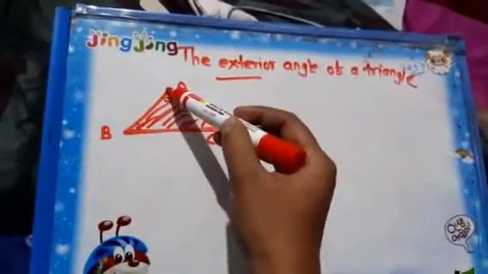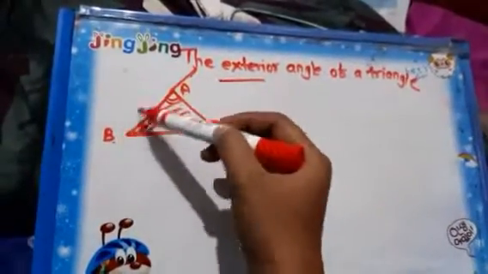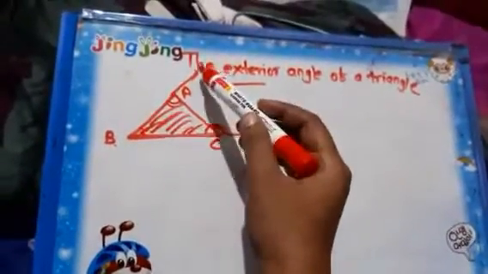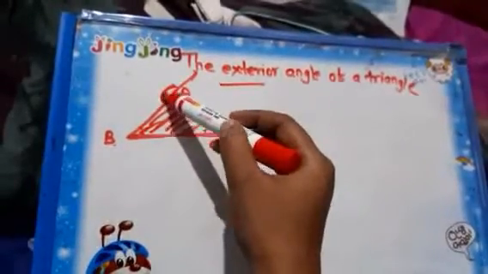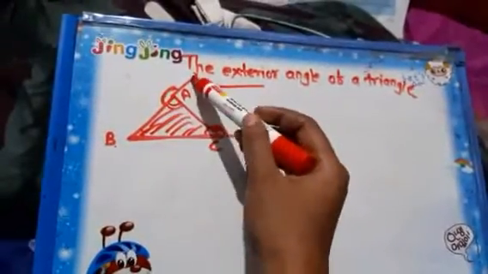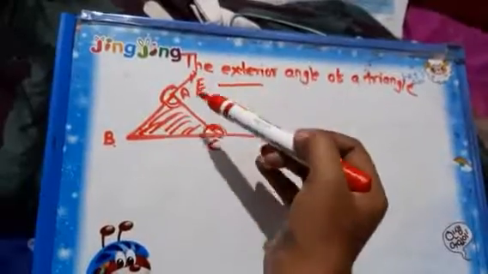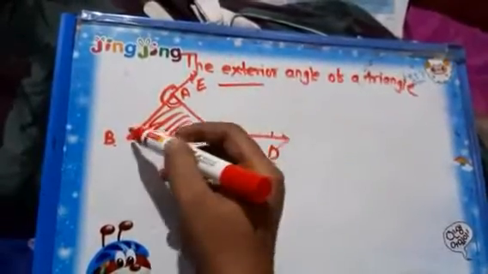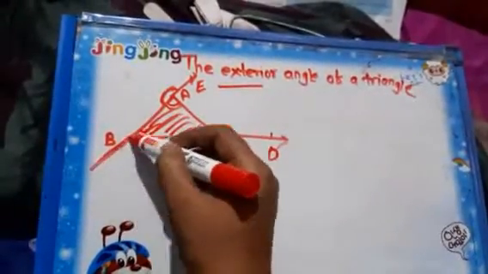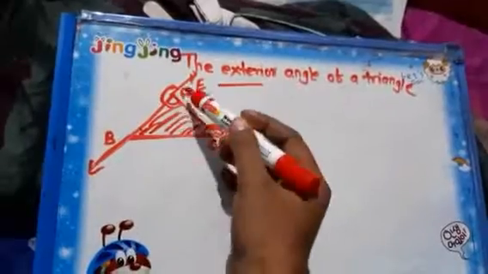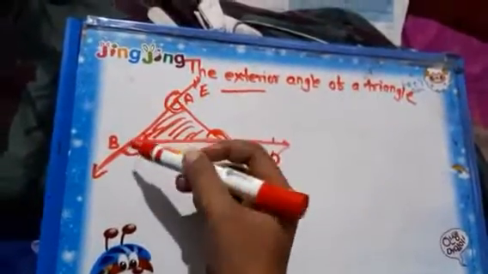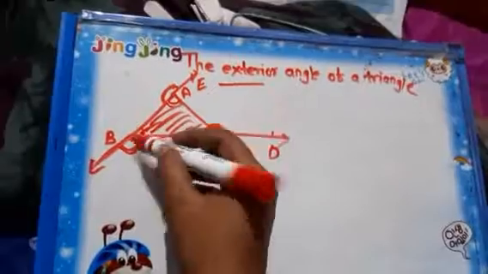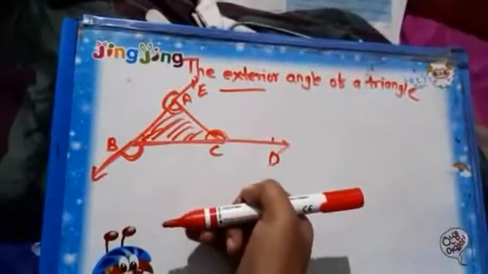Like this, suppose side AB, if I extend, then it is also forming one angle here, BAE. So it is again an exterior angle. Like that, if this side AC is extended in this way, here again one angle we can get. So it is also an exterior angle as it is present outside the triangle.